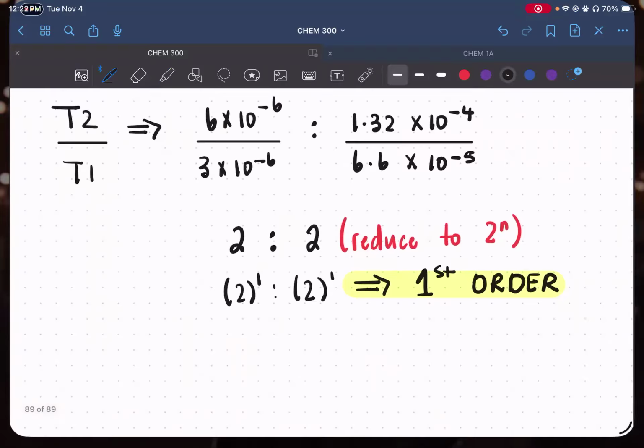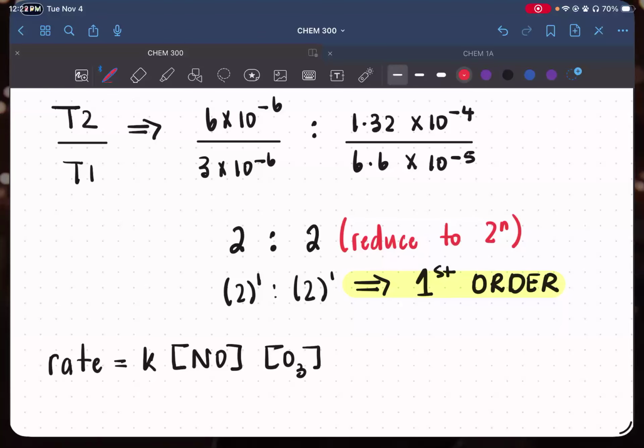With that, what we actually have so far is rate is equal to some constant K multiplied by the reactants, each raised to some power. 0 and 1. All of what we just spent time analyzing was to calculate the orders.